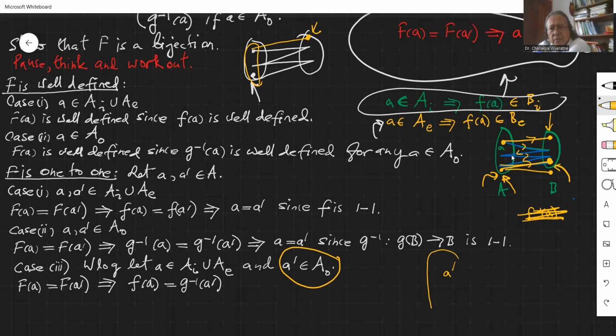A prime belongs to AO means that it has an odd number of ancestors, so it ends up here. And then when you take g inverse of A prime, it is this element.